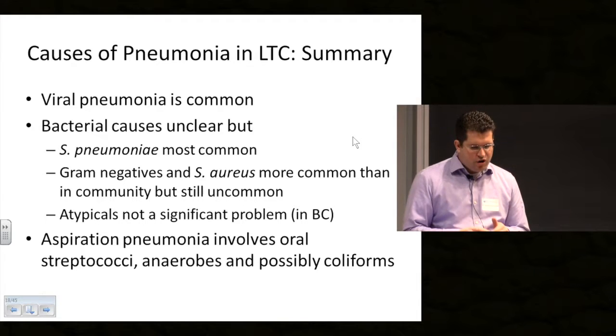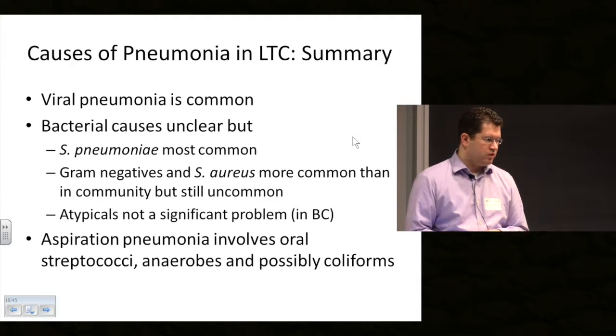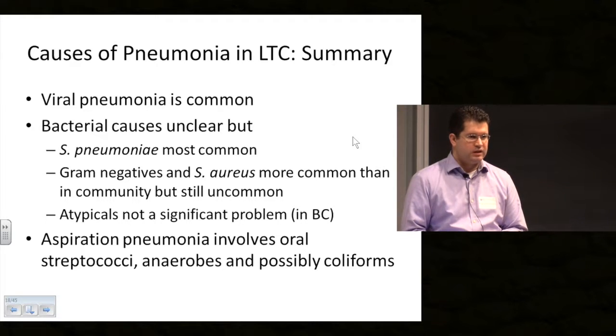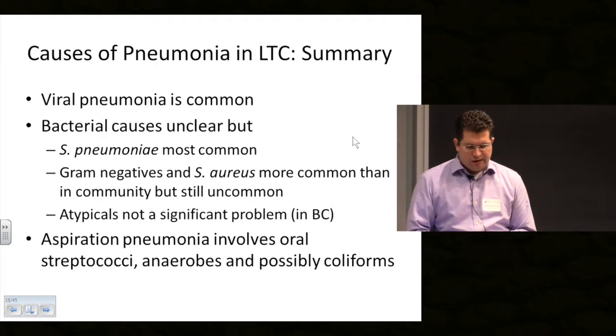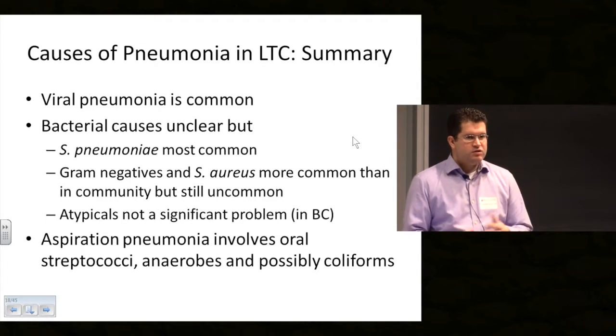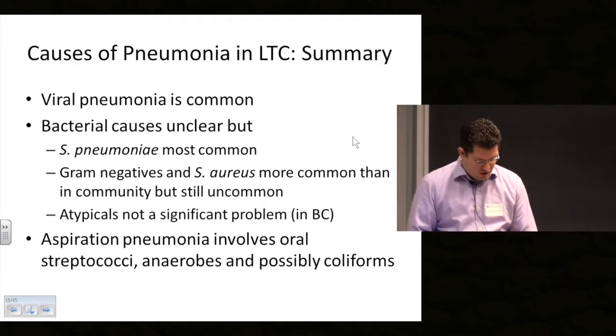And atypicals are not really a significant problem in long-term care, at least in BC, because again, we don't have that large burden of Legionella disease. Remember, think about TB. And aspiration pneumonia is going to involve normal flora, oral strep, anaerobes, and coliforms.